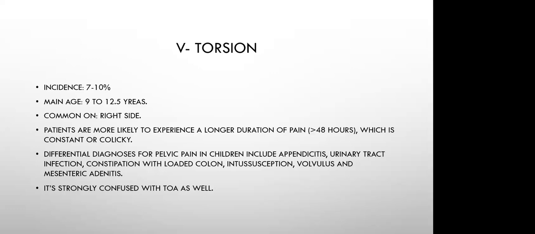The differential diagnosis includes appendicitis on the right side, urinary infection, constipation, volvulus and intussusception, and ureteric problems like ureteric stone, which is not that common in young age patients. But this is the differential diagnosis.